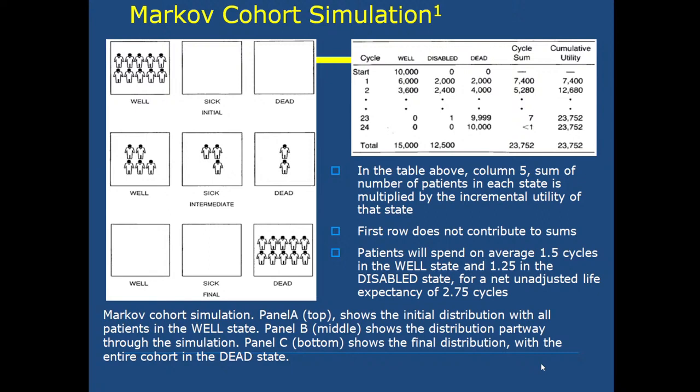And panel C, the bottom level, shows the final distribution with the entire cohort in the dead state. At the final state, all the patients are dead.